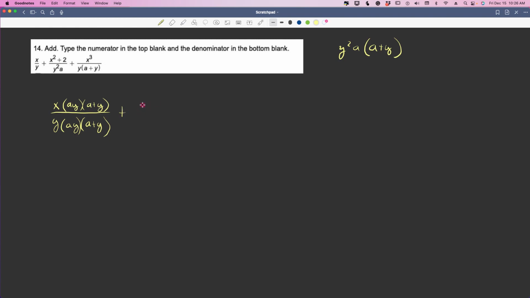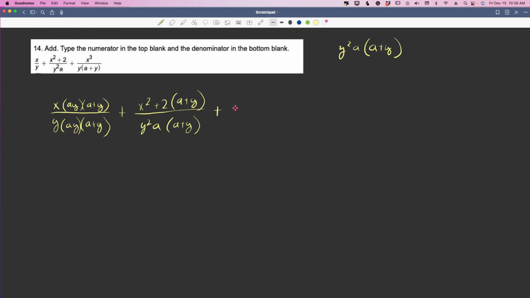Plus, and then we have x squared plus 2 over y squared a. So we already have this part in the bottom, but the denominator needs to be a plus y times a plus y, right? So that makes this the same as this.